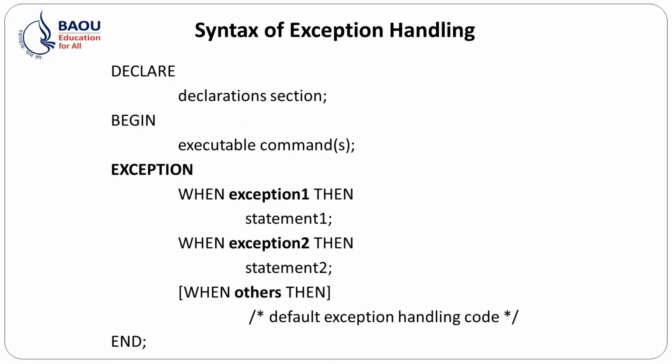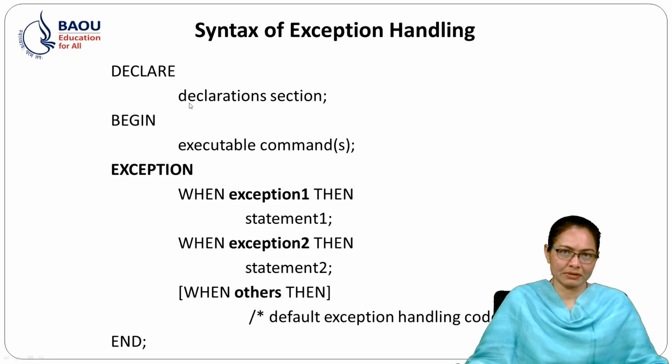Now, what is the syntax of an exception? Here there are 4 parts: declare, begin, exception and end. The declaration section is used to declare the exception. Here, we also declare the exception variable.